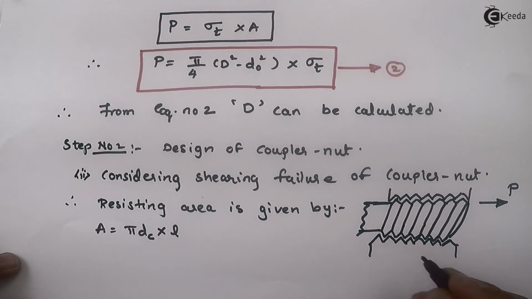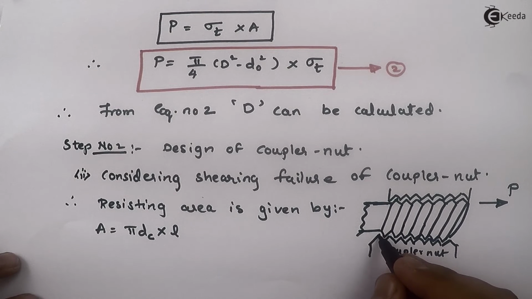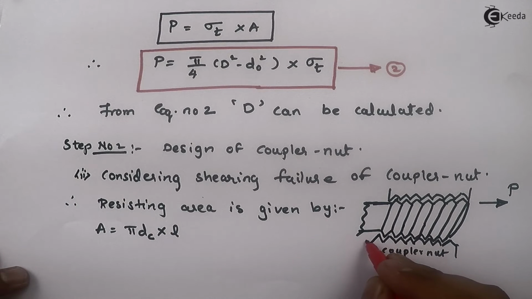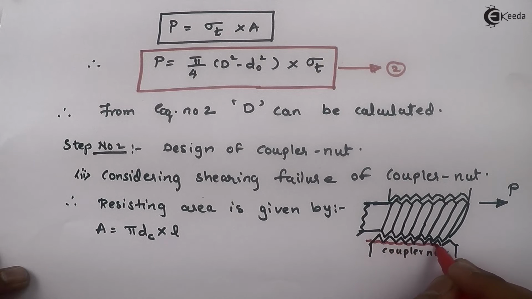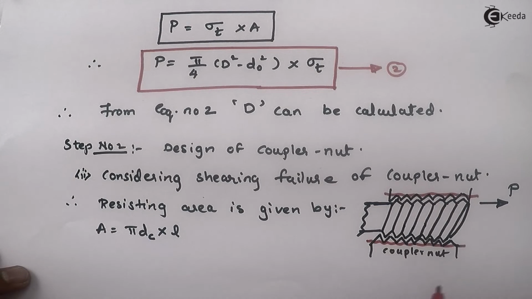So this coupler nut, when the screw thread moves forward, there are chances of the nut breaking at its teeth, that is these threads, they can shear off, they can break when the screw thread moves forward.